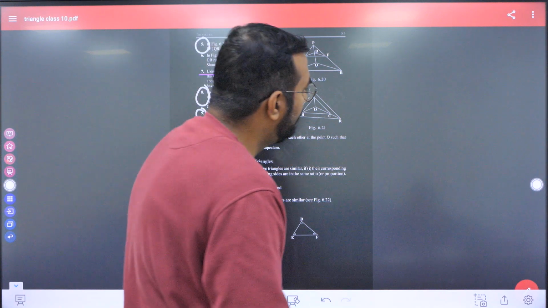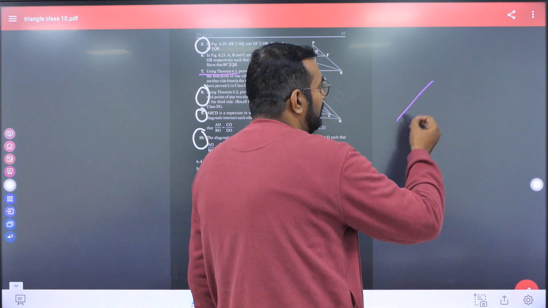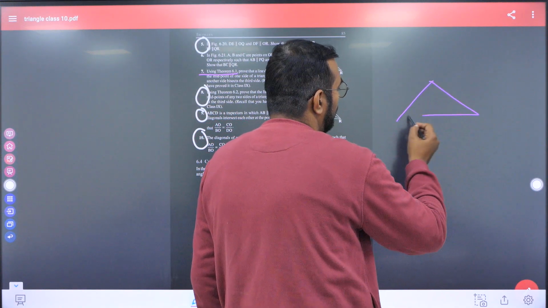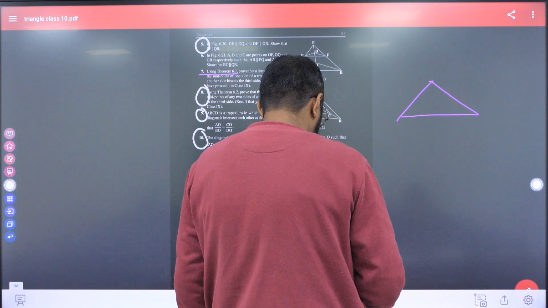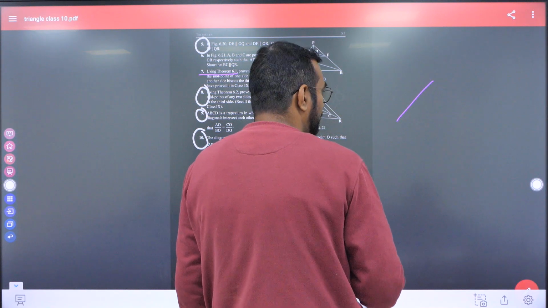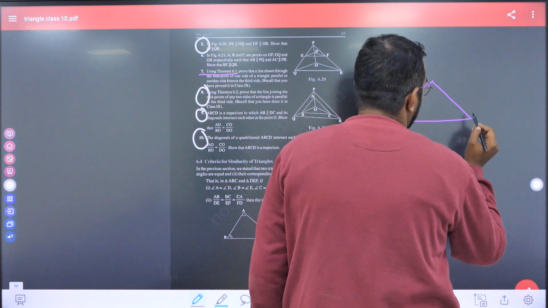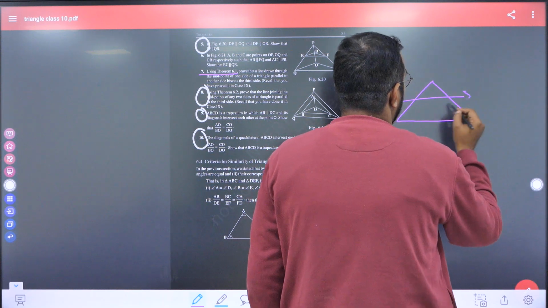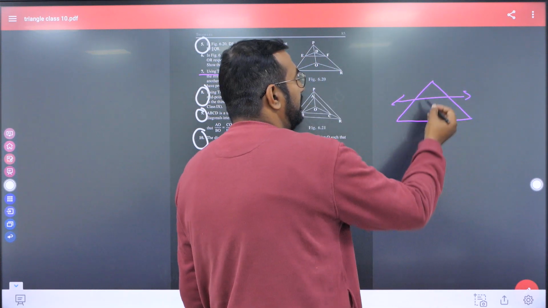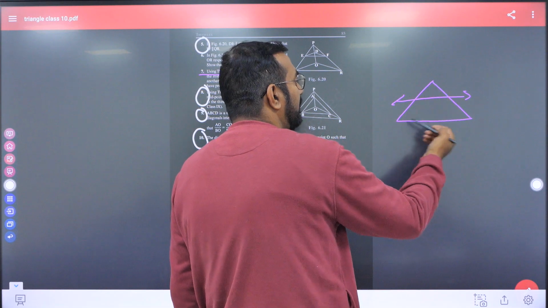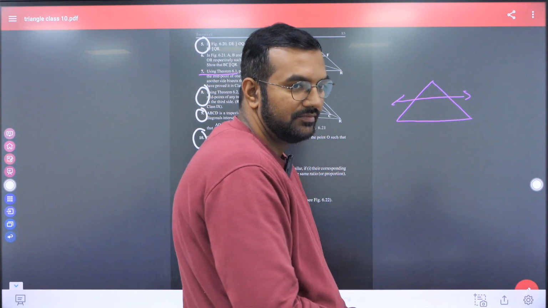That is, if a line is drawn parallel to one side of a triangle intersecting the other two sides, it divides the other two sides in the same ratio.